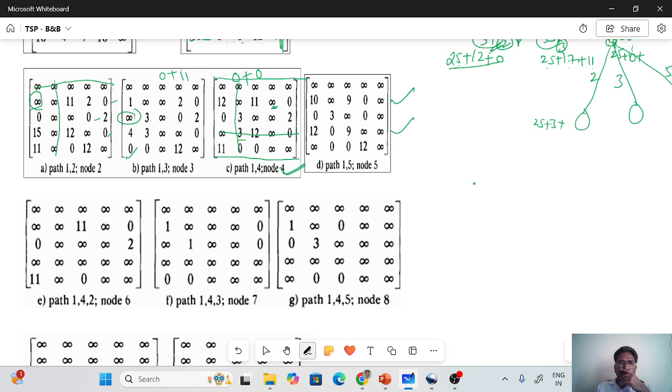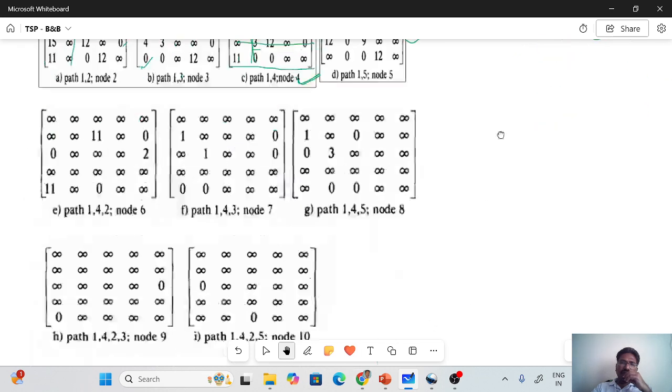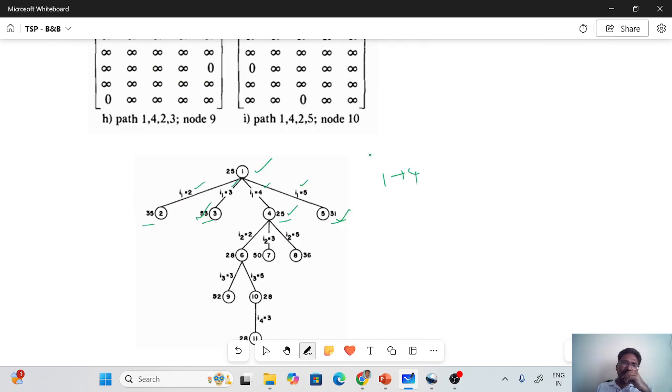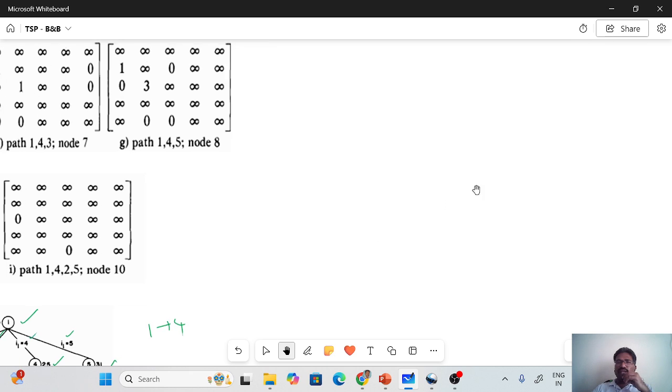So what about the row minimum? 0. Here 0. What about the column? 0 0 0. So nothing is changed. So we have the same as it is. There is no update, nothing but the 0. So what is the total value? 28. So like 28.